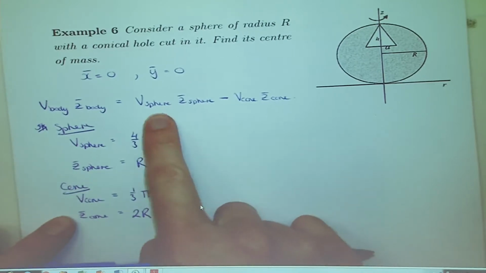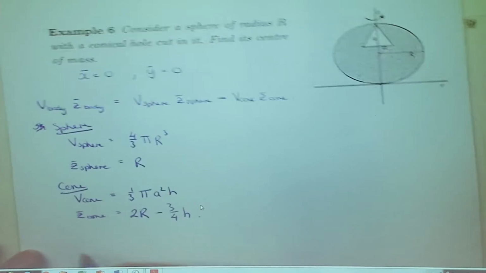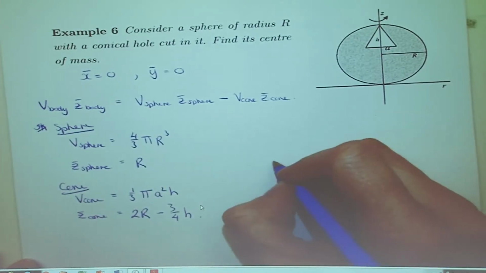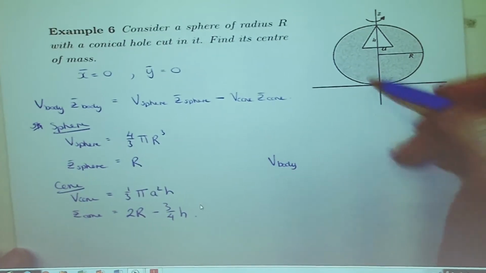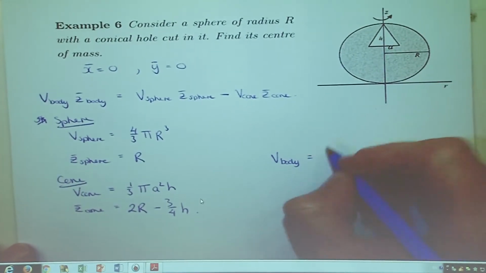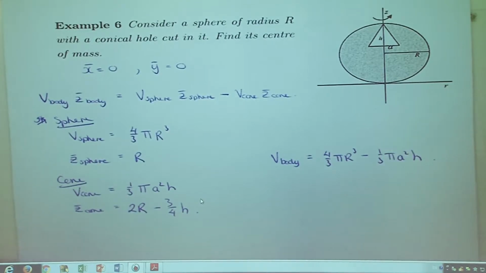Okay, so now we know this, we know this, we know this, we know this. All right, we just have to figure out this. Well, the volume of the thing is going to be the sphere minus the cone, right? So 4/3 pi r cubed minus 1/3 pi a squared h. All right, so now we can just put everything into that big formula.